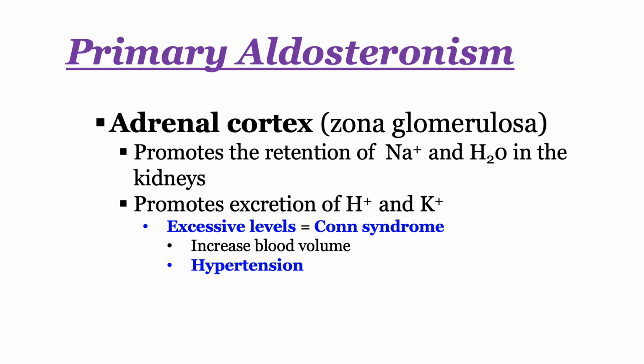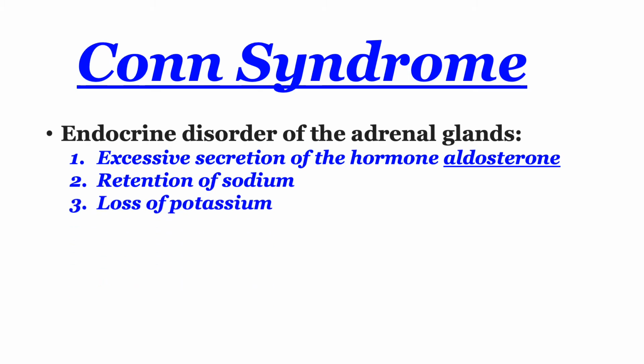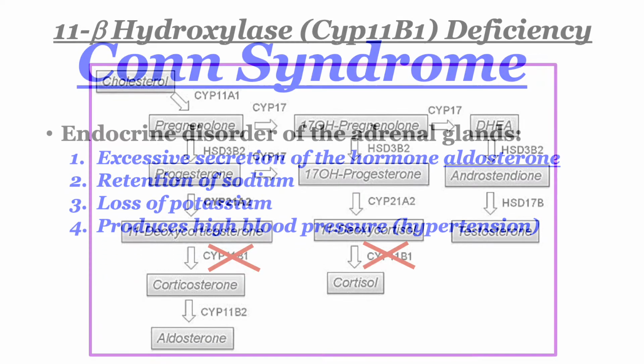Aldosterone in excess levels, such as occurs during primary aldosteronism, also called Conn syndrome, increases blood volume and thus produces hypertension. Again, Conn syndrome. It's an endocrine disorder of the adrenal glands in which there's an excessive secretion of the hormone aldosterone. That leads to a retention of sodium, a loss of potassium.